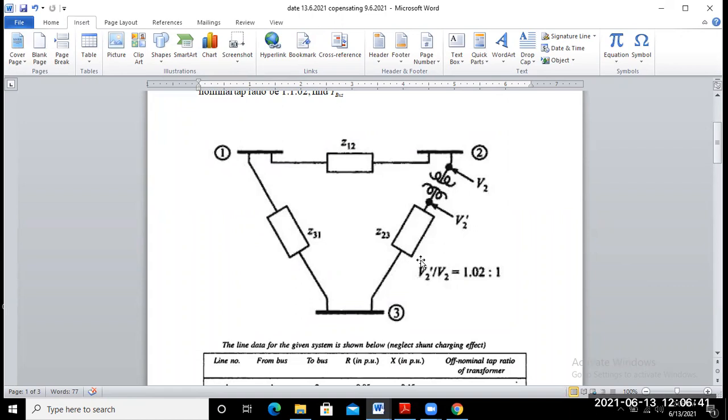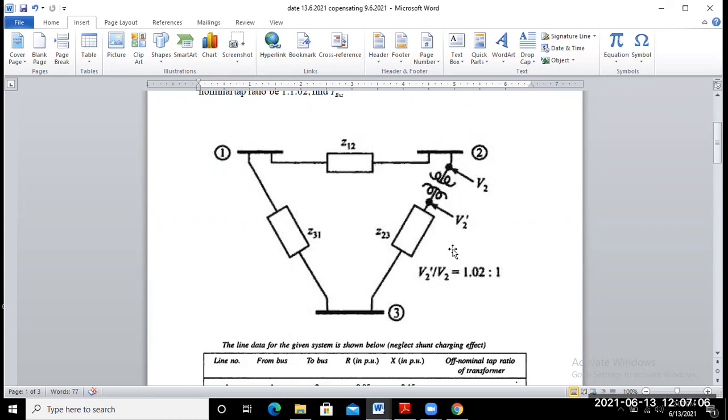In the next part, we connect the transmission line between bus number 2 and 3, and with the regulating transformer also between bus number 2 and 3, and then we try to find the new Y bus admittance matrix of this actual system.